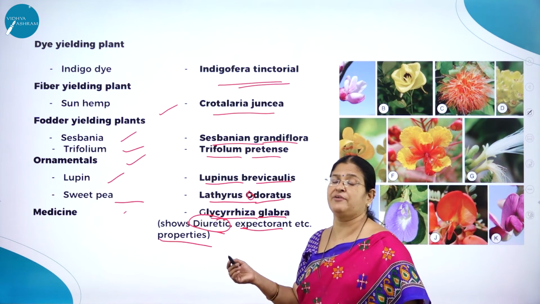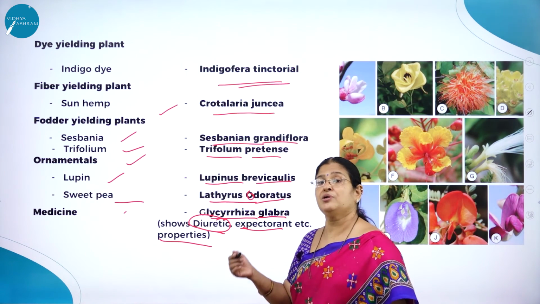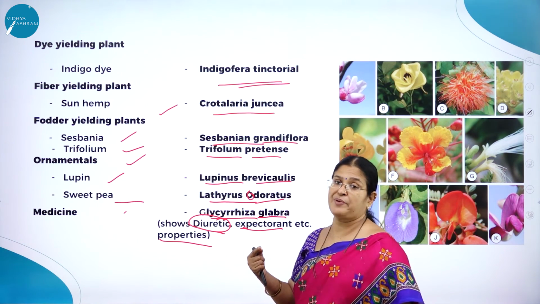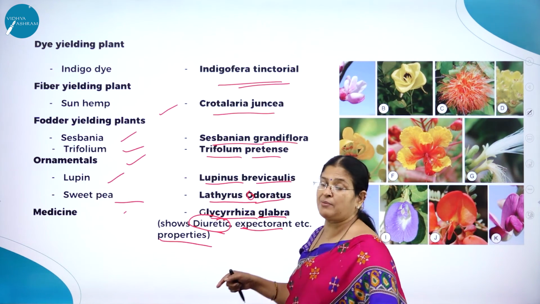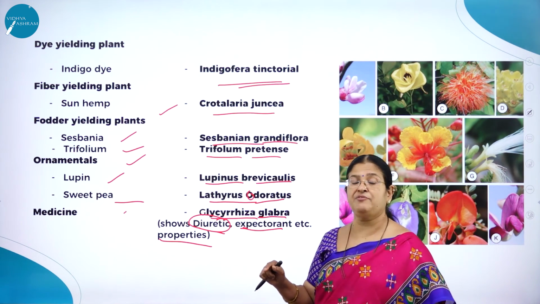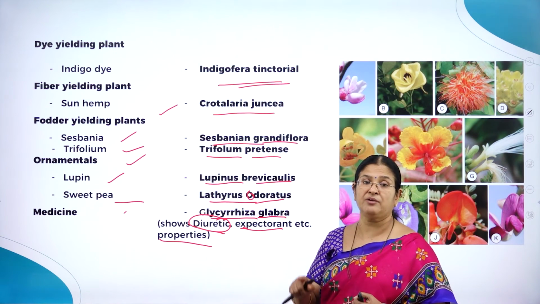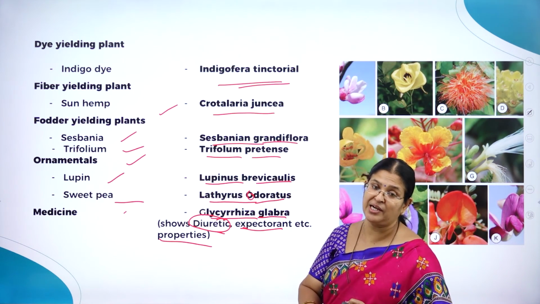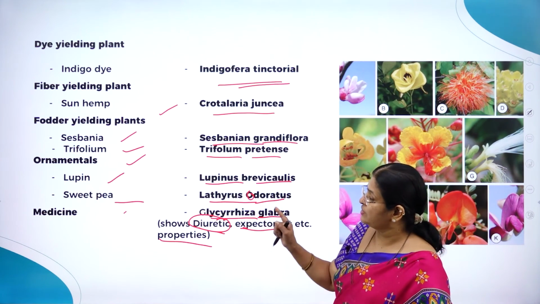Even the medicinal value. So imagine, we had just taken one example, that is Pisum sativum, but there are a good many number of plants belonging to this family Fabaceae, which are either dye yielding, fodder yielding, fiber yielding, oil yielding, pulse yielding, ornamental, as well as medicinal plants.